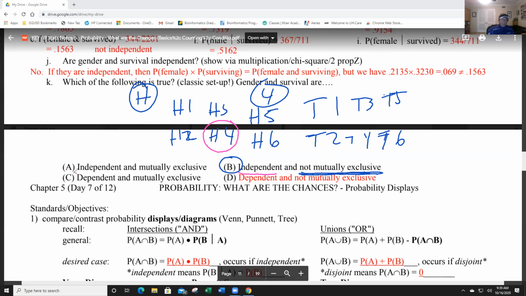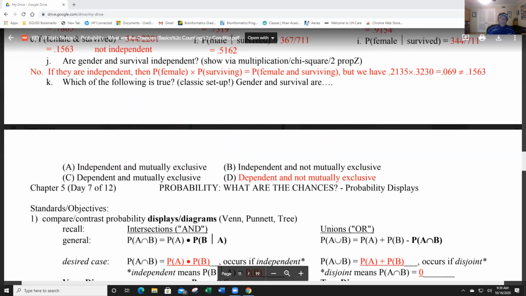Now, dependent and mutually exclusive. We can go into that more later, but certain things are dependent, but they can't happen at the same time. The answer to this question is D: dependent and not mutually exclusive.